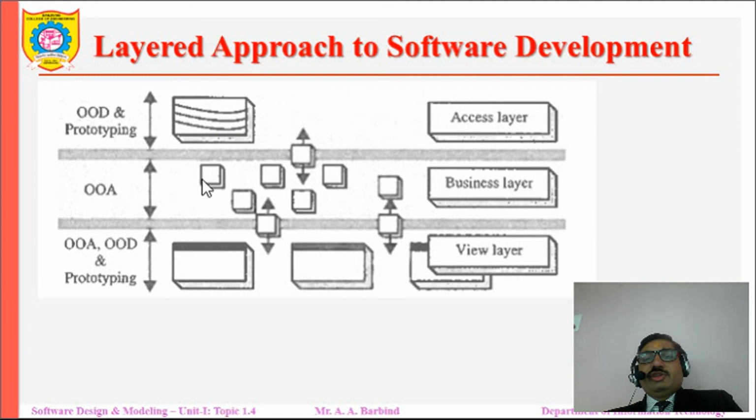The objects in the business layer are volatile objects, whereas the information at the access layer is permanent, usually persistent information, and it is maintained by using databases.